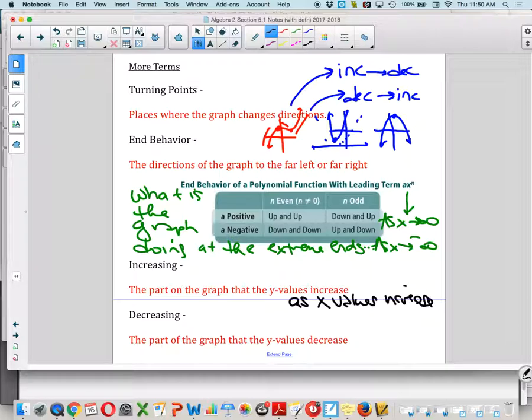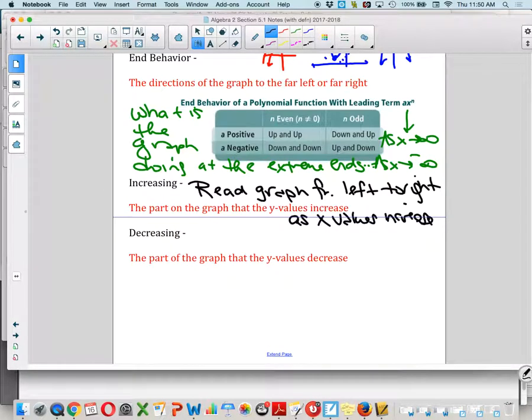We always reference increasing and decreasing, write this down as well, as we read the graph from left to right. So when we talk about decreasing, it's the part of the graph where the y value is decreasing as x values increase. Now, that might not make a ton of sense yet, so hang tight and we'll talk through that.